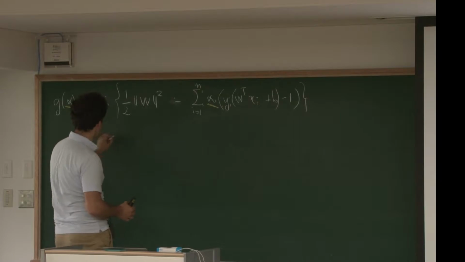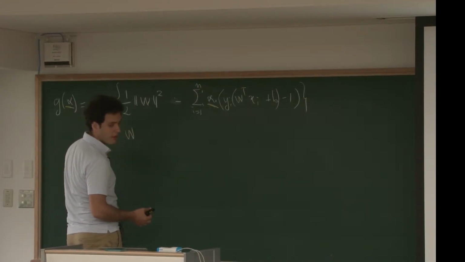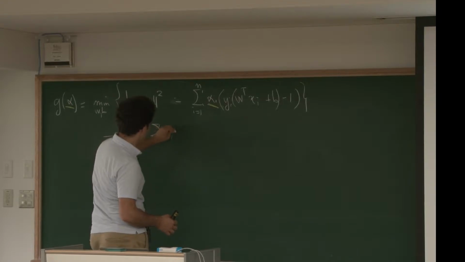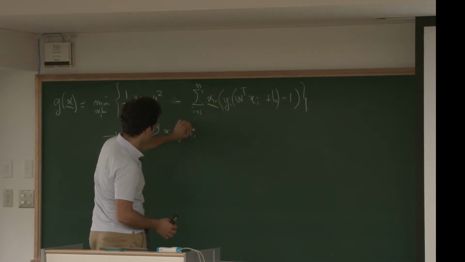We just got that necessarily at the optimum, W is equal to the sum of alpha i, yi, xi.